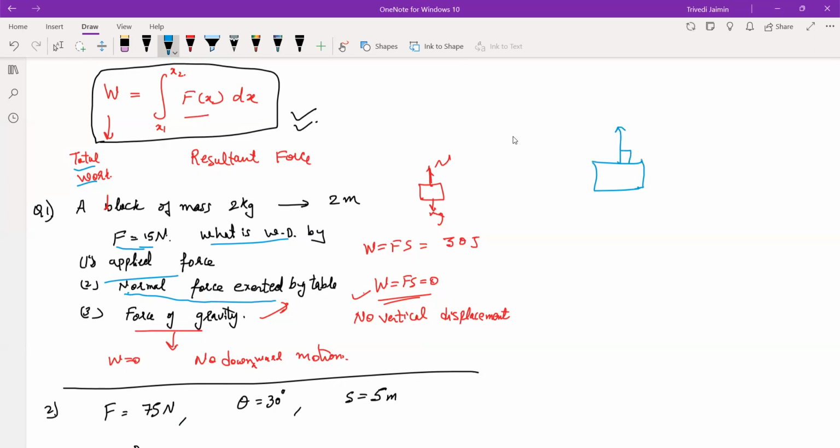Weight mg is always directed towards the Earth's gravity. You have to remember these points. Normal force is always perpendicular to the surface only, not perpendicular to anything else. Suppose it's at an incline, then the normal force is perpendicular to the surface, but the weight mg is towards the Earth's gravity.